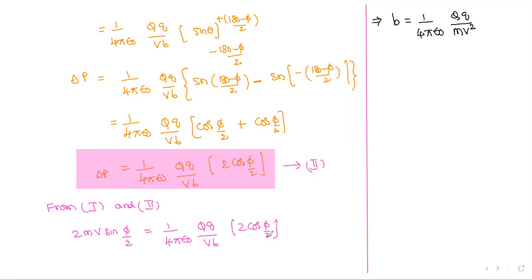Cos phi by 2, if you take sin phi by 2 to the other side, that becomes cot phi by 2. This is what we say is the relation between impact parameter and the scattering angle. This is one relation. And later, I'm interested to explain the relation between impact parameter and minimum separation also.